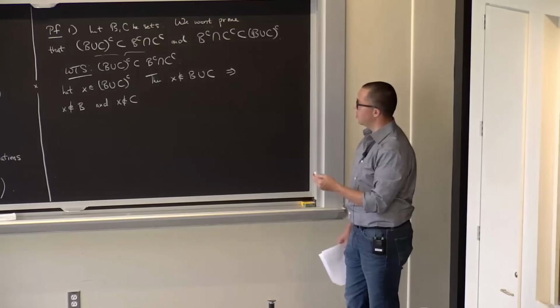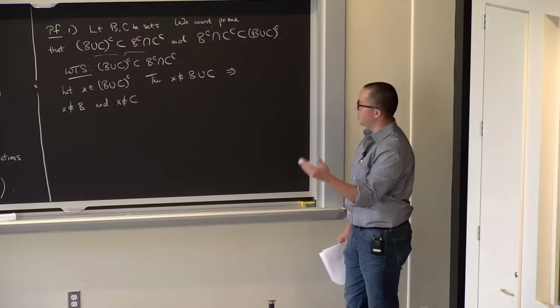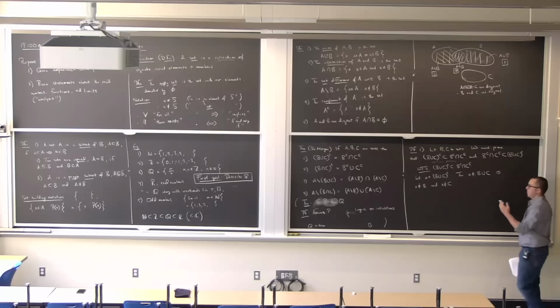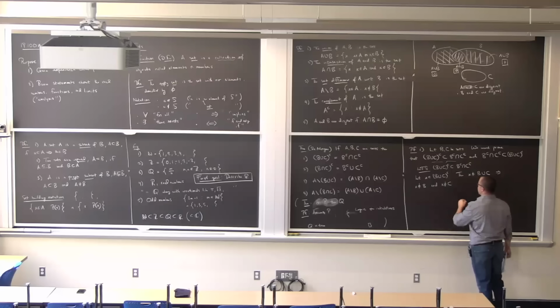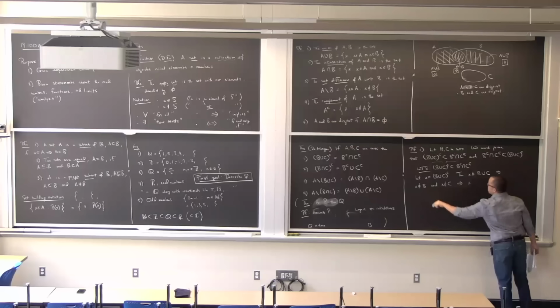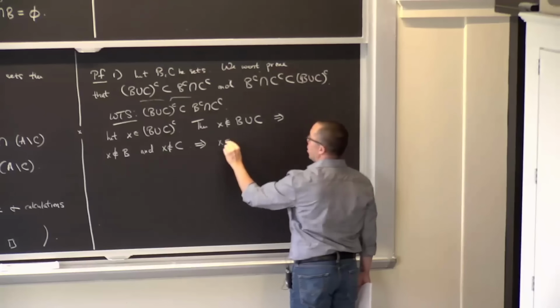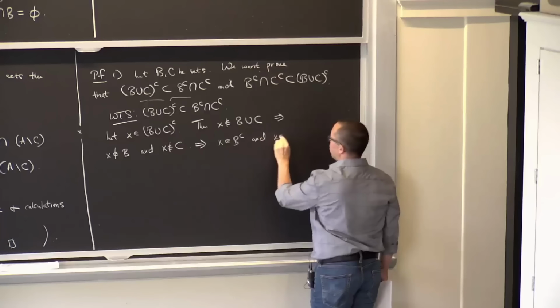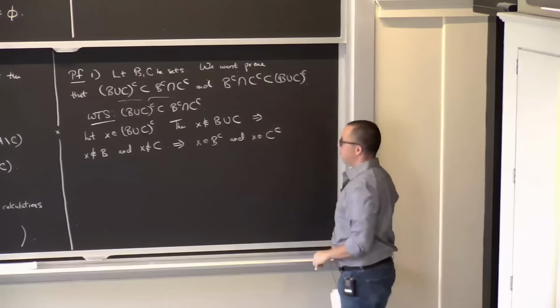Because something's in the union if it's in B or C. So something's not in the union if it's not in B and not in C. Now this implies, simply again, by the definition of what it means to be in the complement, X is in B complement and X is in C complement.